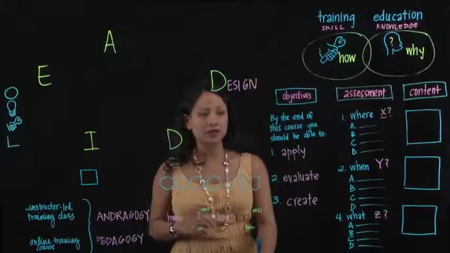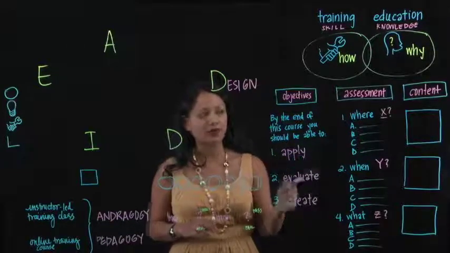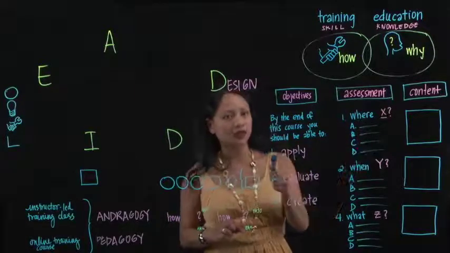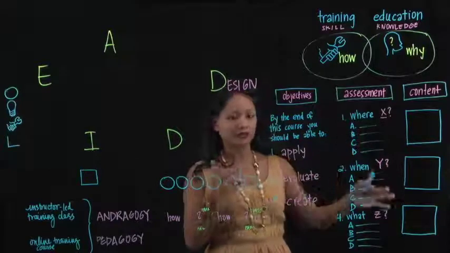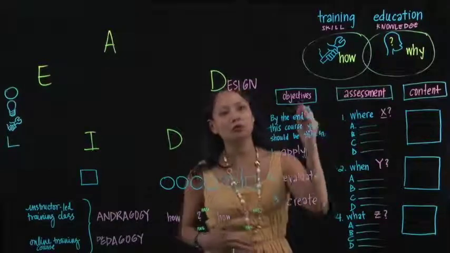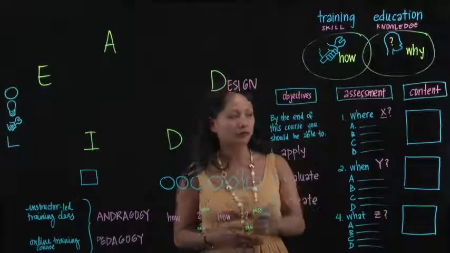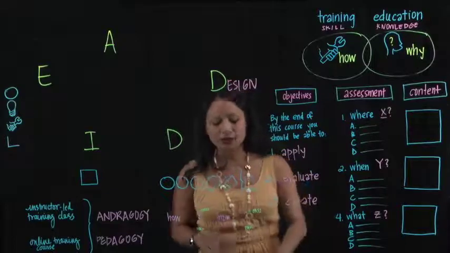So once I've identified the desired result, or once I've identified objectives for my course, I then should create a test, and the test should closely align with the objectives. Otherwise, we're creating tests that are random and not really measuring what we wanted the course to uncover for our students and participants. So after you create objectives and assessment, then you can go ahead and create the content.